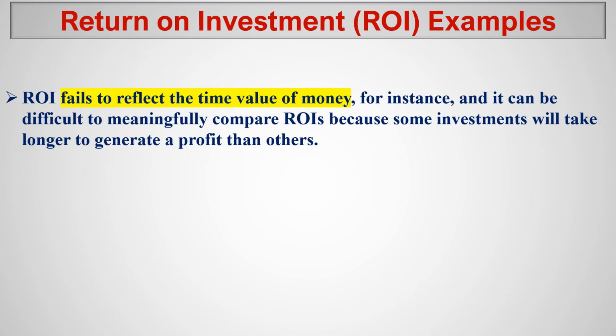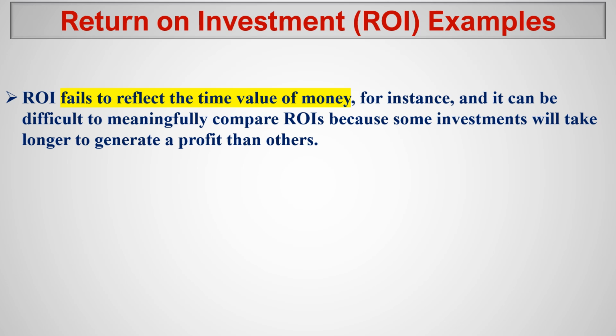So ROI fails to reflect the time value of money. This is what I keep on saying from the first slides. It doesn't care about the time value of money. For instance, it can be difficult to meaningfully compare ROI because some investments take longer to generate profit than others.